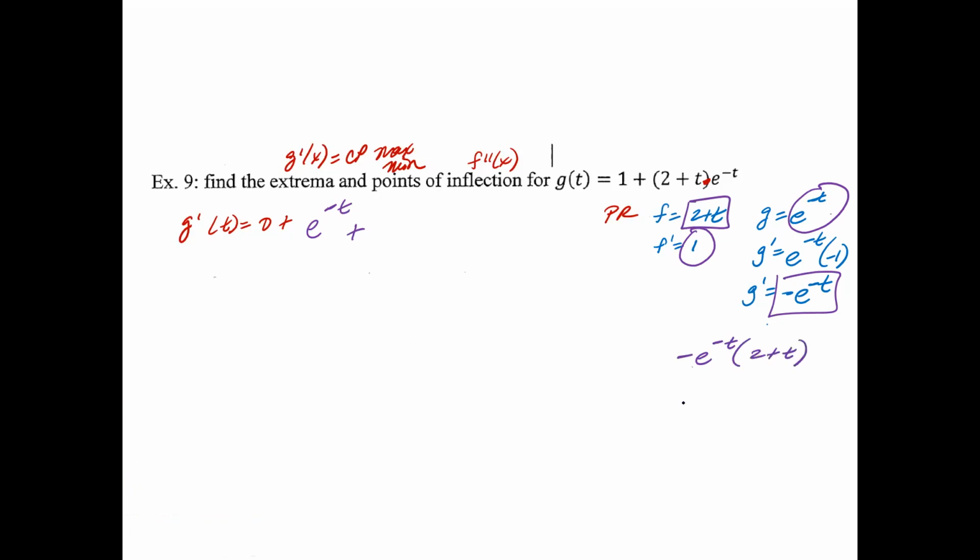That's going to give you negative 2e to the negative t minus t times e to the negative t. And that's what you put here. So I'm going to put down a minus 2e to the negative t minus t times e to the negative t. And you could just ignore that 0.